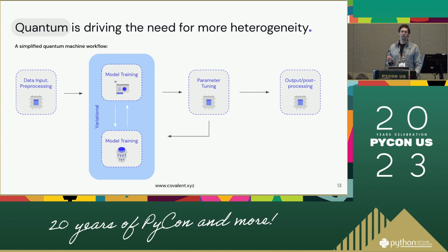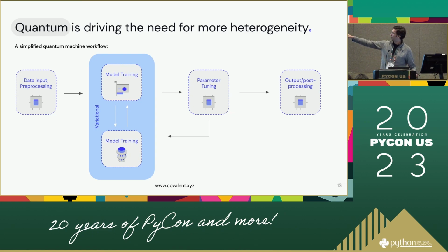You might do some pre-processing of your data, maybe some visualization, and eventually you're going to want to send it off to train the model. Oftentimes you're going to be using a GPU in combination with a quantum computer to do this. What this looks like simply is that the GPU is going to be optimizing over a set of parameters that you're sending to a quantum computer to evaluate a circuit.